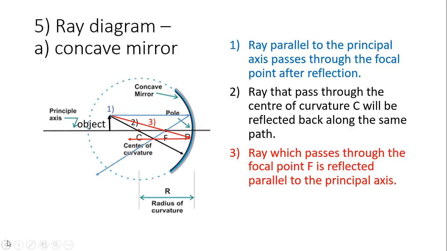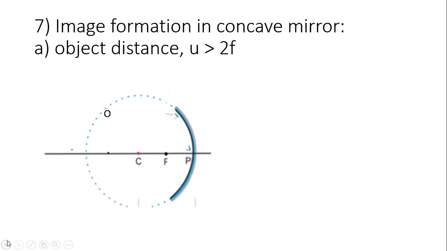Okay so far? If we put that's your F, that's your C. So remember, this is F. This is 2F. CP is 2F. So anywhere here, U is greater than 2F, meaning the object distance is greater than 2F.